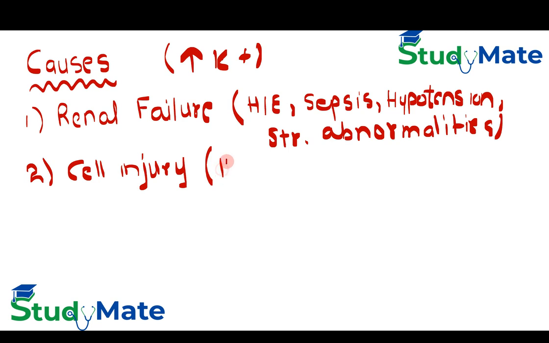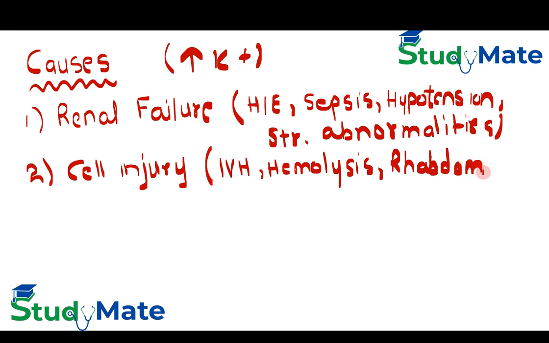For example, in intraventricular hemorrhage there is obviously increased hemolysis. In any condition in which there is hemolysis, it will lead to hyperkalemia. And another famous example is rhabdomyolysis.